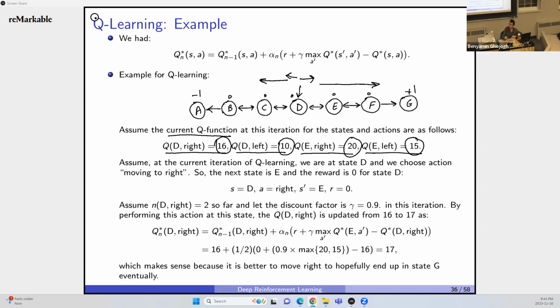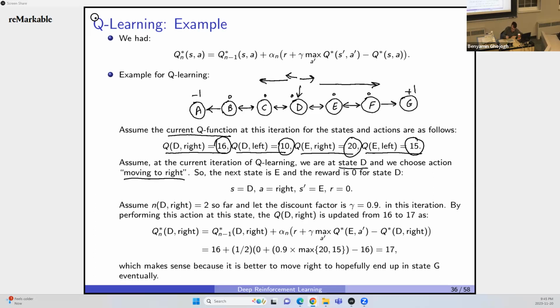Again, it makes sense. Now, assume at the current iteration we are at state D, and we choose moving to right. This can be chosen either by epsilon greedy, randomly, or by best action, whatever. I chose moving to right.